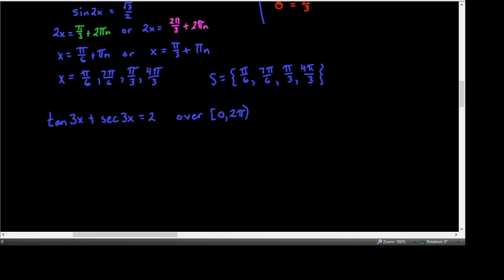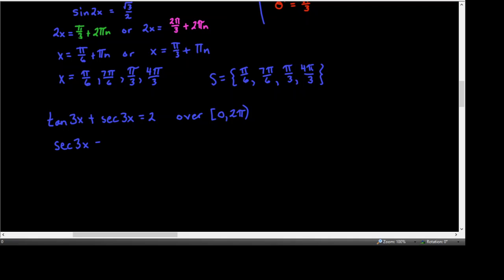All right, so the fact that I have tangent and secant in the same problem, we saw one kind of like this earlier. The connection between tangent and secant is a squared relationship through that Pythagorean identity. So I'm going to want to square both sides. I don't want to square it yet, though. I need for one of these two to be by itself. This time I'm going to make it secant that's by itself.